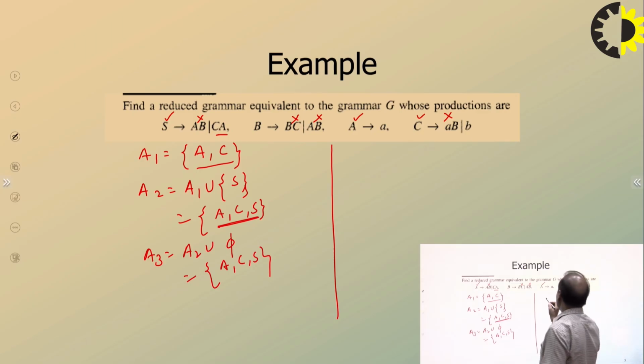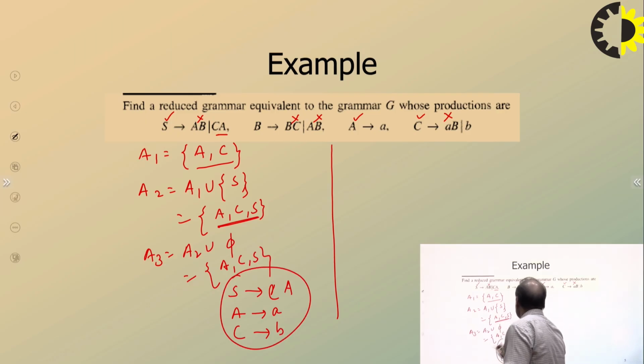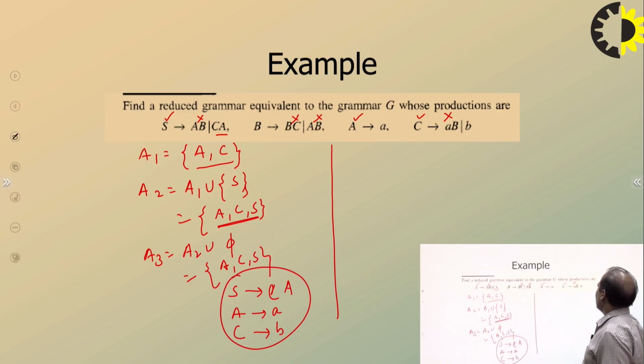So what is remaining after removing the non-active variables? S goes to CA, and A goes to small a, and C goes to small b. Yes, this is the grammar obtained after removing the non-active variables.